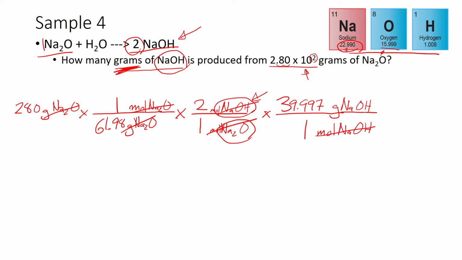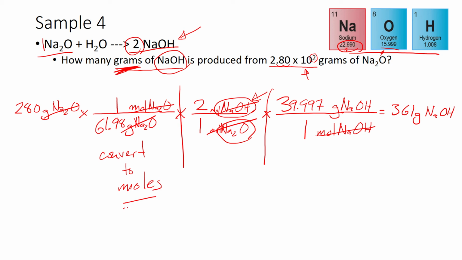And then now with a little bit of math, I'm going to punch this through, and I get 361 grams of NaOH. Don't forget what we did first. First, we convert to moles. Right? That was our first step, convert to moles. And then we use the molar ratio from the chemical equation to switch the chemical.